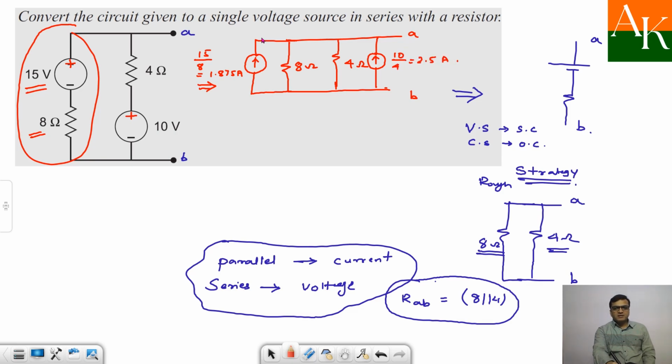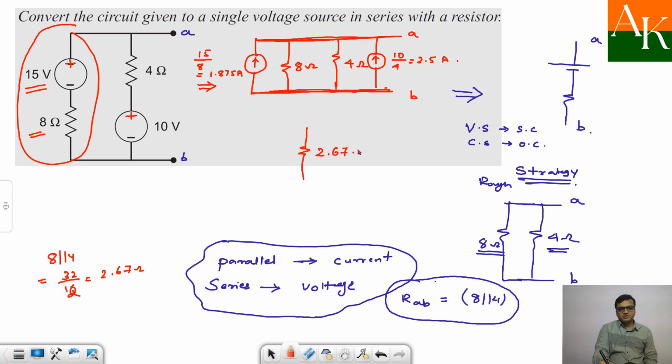Now across A and B, this is terminal A, as there is no element over here. This is terminal B. So 8 and 4 are in parallel, and can be solved as product by sum. So 32 by 12, that turns out to be 2.67 ohm. So the parallel equivalent is 2.67 ohm.